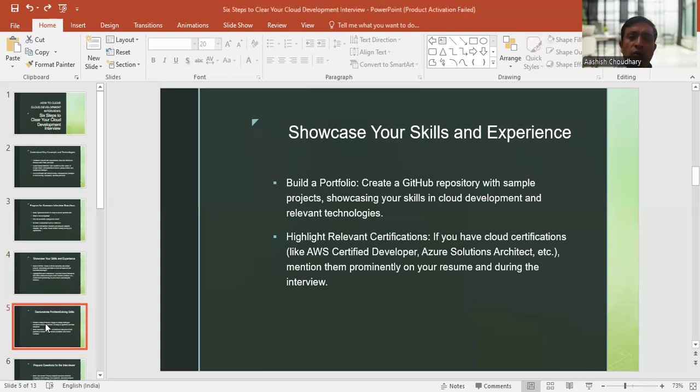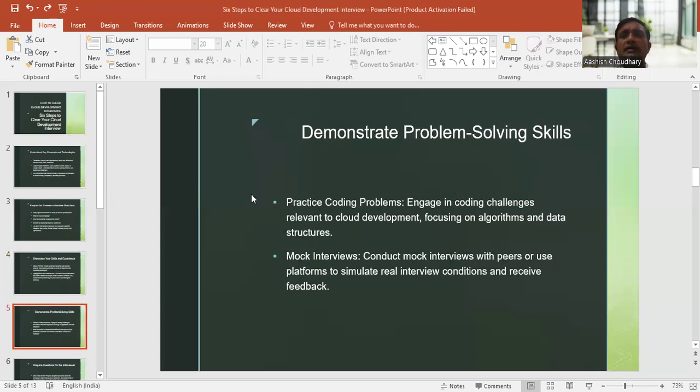Now, there are problem-solving skills you need, so practice coding problems. Definitely you need to do a lot of coding problems. If you are deploying, let's say, a Node.js application, what steps do you follow?